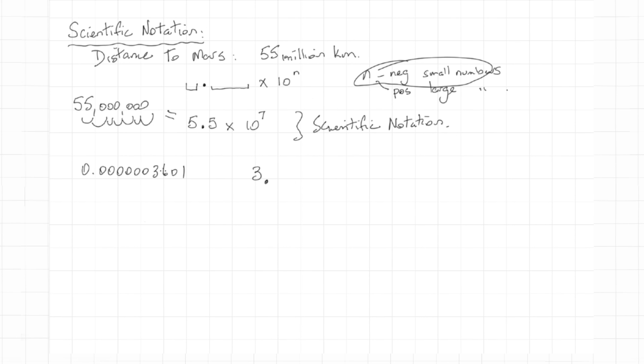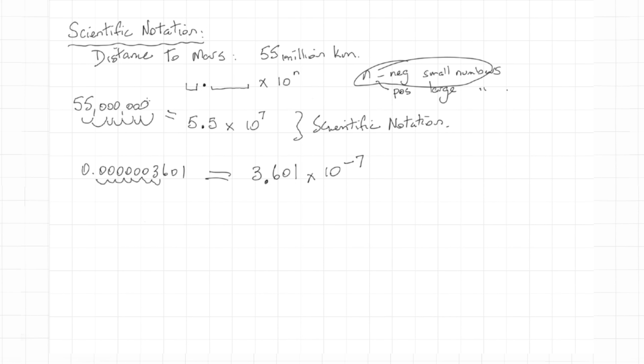So we've got 3 point, and now we write the other digits. And then it will be times 10 to some power. Now it's going to be negative because this is a number that's less than 1, quite a small number. So how many places do we have to move the decimal place? 1, 2, 3, 4, 5, 6. Well, there we go, it's another 7. So 10 to the minus 7. That's purely coincidental. Very, very small number. So those two numbers are exactly the same. This is quite a large number.